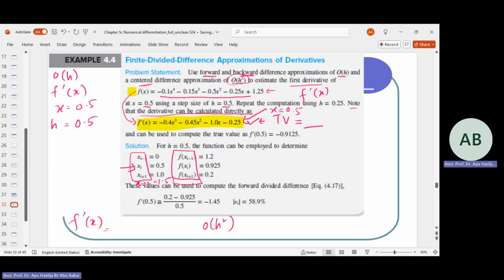Maybe we get confused somewhere. Now, the question asks you to find forward and backward for O(h) level 1. Now, this one uses forward, backward. Centered difference, level 2, centered.